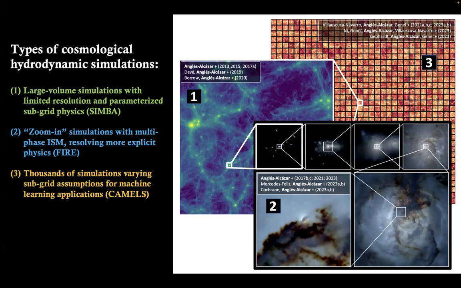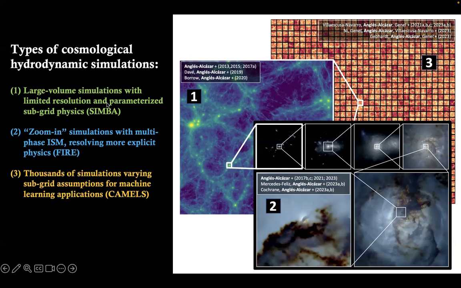And then some other ideas now contemplate using large volume simulations with uncertain subgrid physics that depend on free parameters, but now running many thousands of them, varying the parameters, so that you can look at the statistics of galaxy populations or any other properties that you might be interested in, and then characterize the range of uncertainties due to the subgrid physics, and perhaps use this data to feed machine learning models to make progress in different questions of galaxy evolution and cosmology.